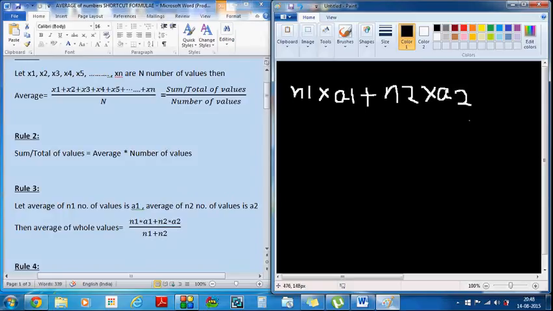Then the average is the sum or total of values divided by the total number of values. Here there are n1 values and n2 values, so the total number of values will be n1 plus n2, and that is the formula.